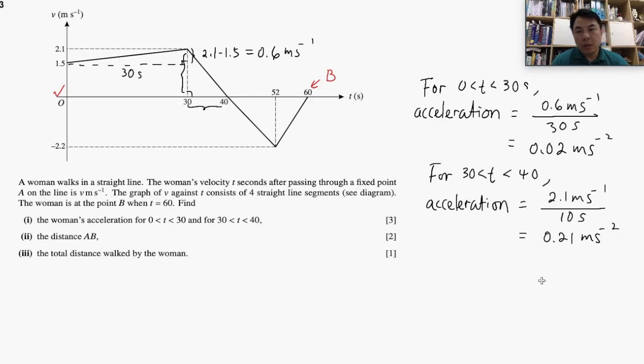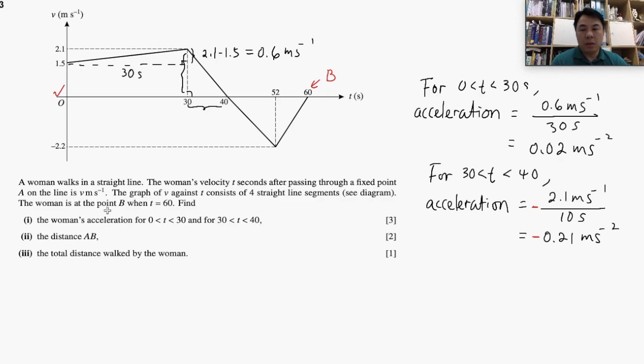If you notice that this line is actually descending. Therefore, don't forget, after you use rise over run, always observe the line itself, whether it's increasing or decreasing. Because it's decreasing, this is a negative acceleration, or sometimes we call this deceleration.